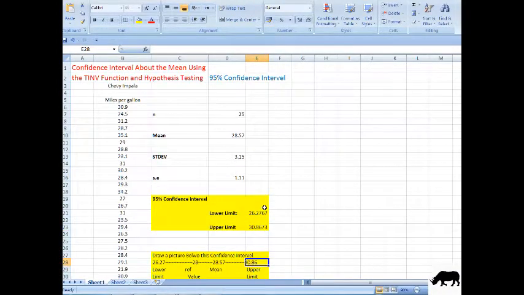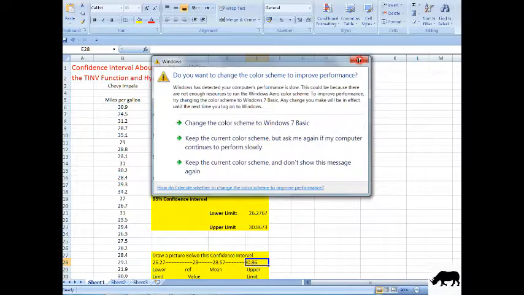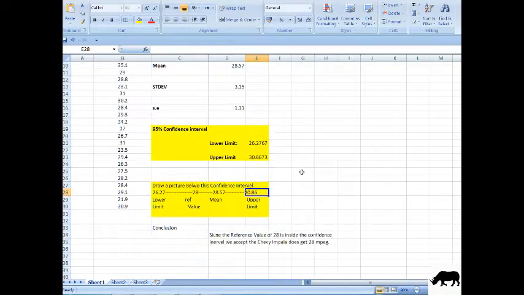So what is the conclusion of this 95% confidence interval? Since the reference value of 28 is inside the confidence interval, we accept that the Chevy Impala does get 28 miles per gallon.